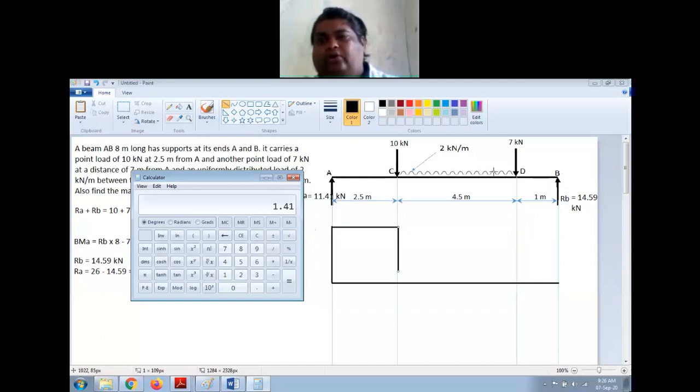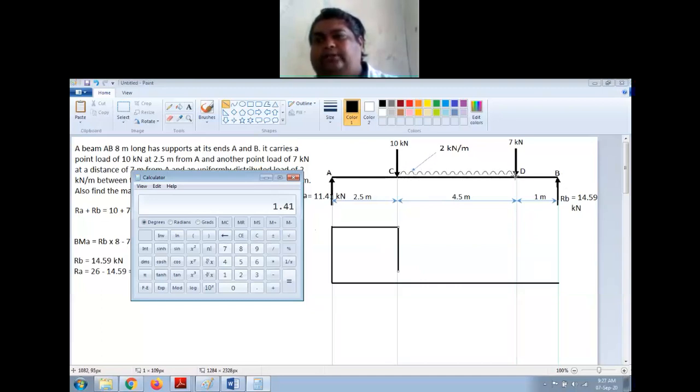Now for UDL, we have seen in the last numerical, the shear force varies linearly as an inclined line. It will go as an inclined line like this, right? So what is the magnitude? Now at this point, the shear force because of UDL is 0.